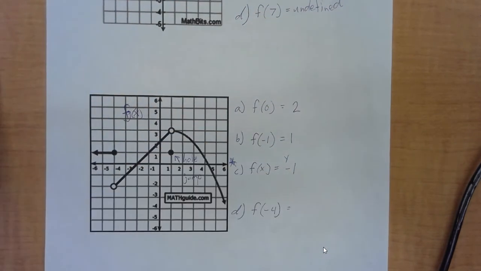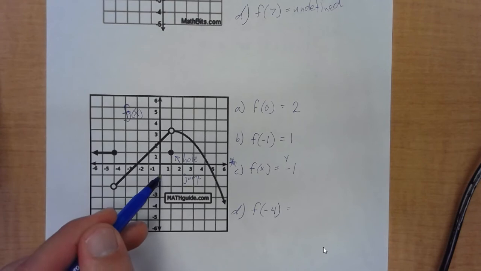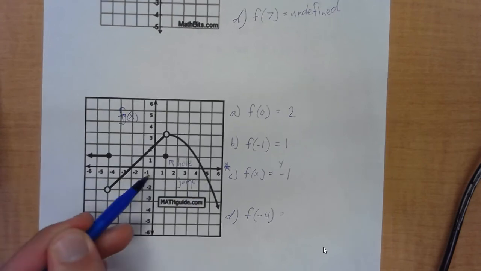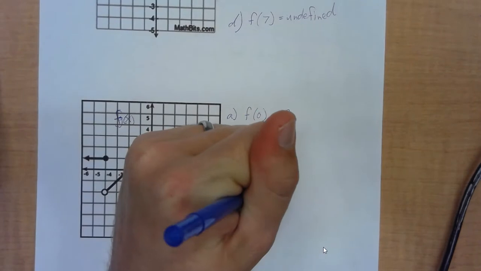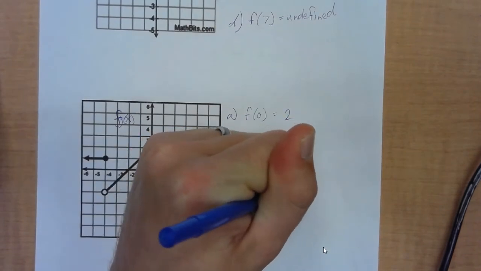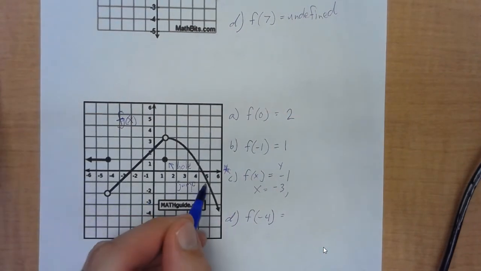When y is negative 1, what x values are present? So I'm going to look at y as negative 1, and I actually have two answers here. So x is negative 3, and x could also be, we'll estimate around 4.8.